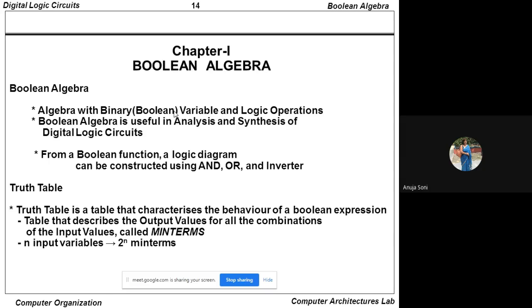Let me know, is it clear? Is my voice clear now? To others, is it clear? Yes, ma'am, I think it's a network issue. Just check your connection.